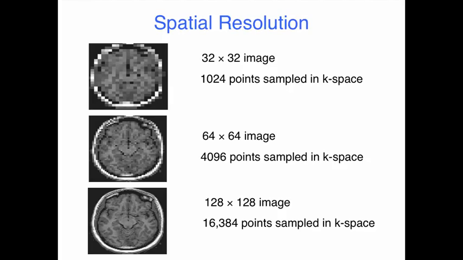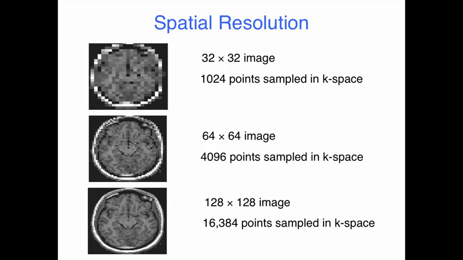You can see that when you look at the following plot. This shows you different spatial resolutions of the same image. Let's say that we wanted to reconstruct a 32 by 32 image. Then we typically want to sample about 1,024 points in K-space, roughly. And then we would get an image like the one here to the top left.